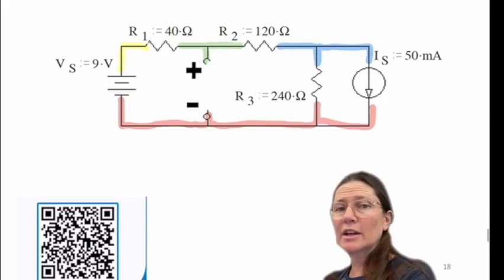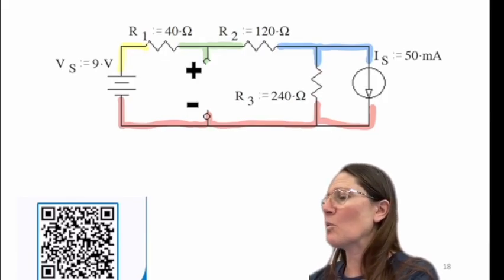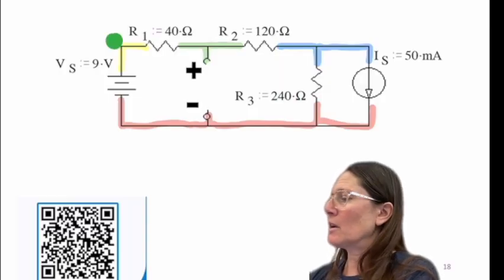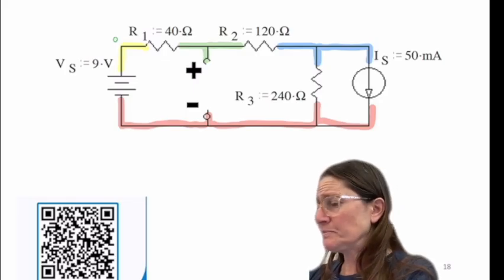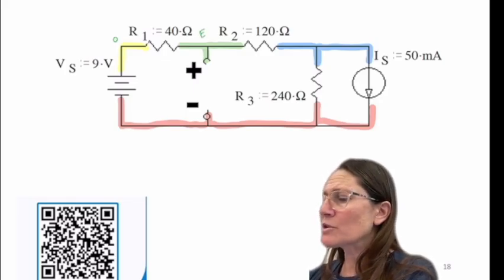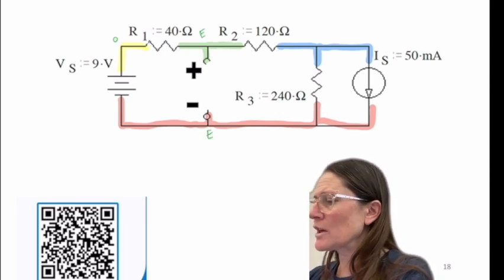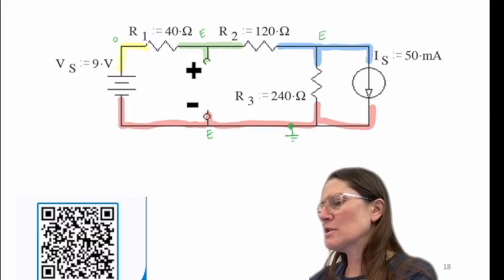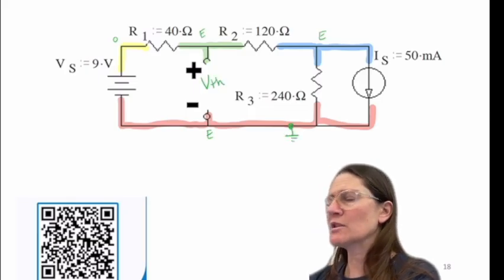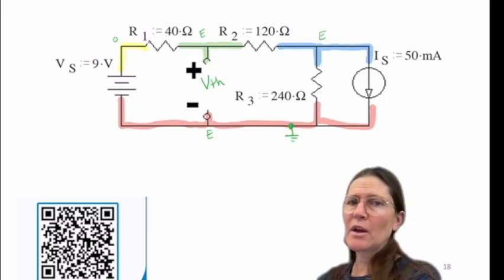So highlighting them, identifying what kind of node they are: this one again will be ordinary, this one is extraordinary, this one's extraordinary, and this one is extraordinary. I'm going to put a ground, and then my VTH is going to be that plus to minus.